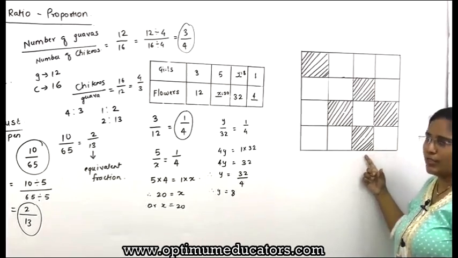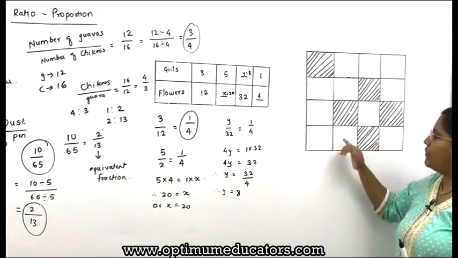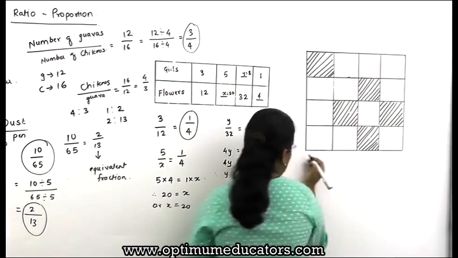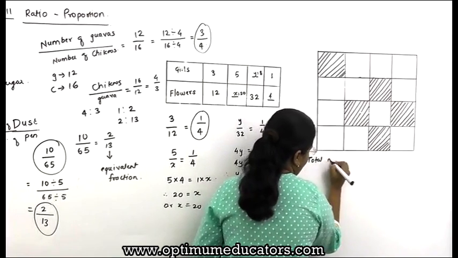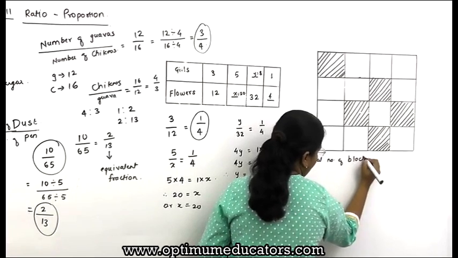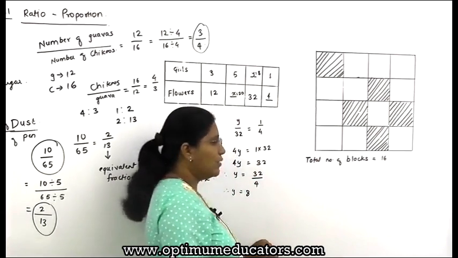Now out of this 16, some are colored and some are blank. So first of all let us write down the total number of blocks. There are 16 blocks.